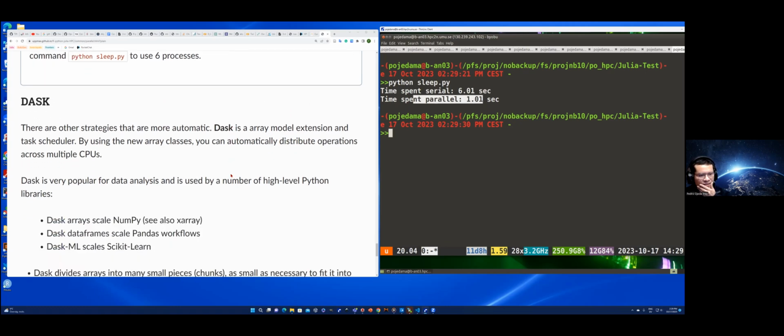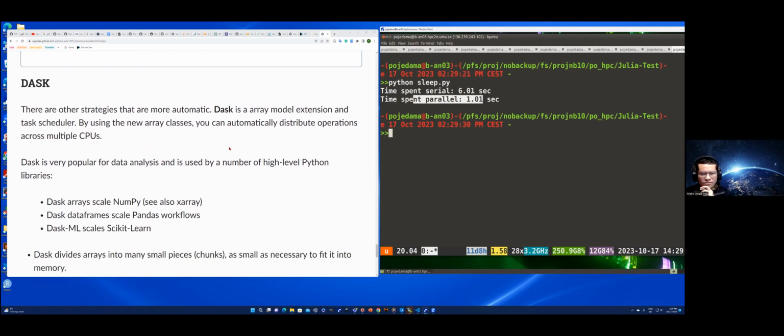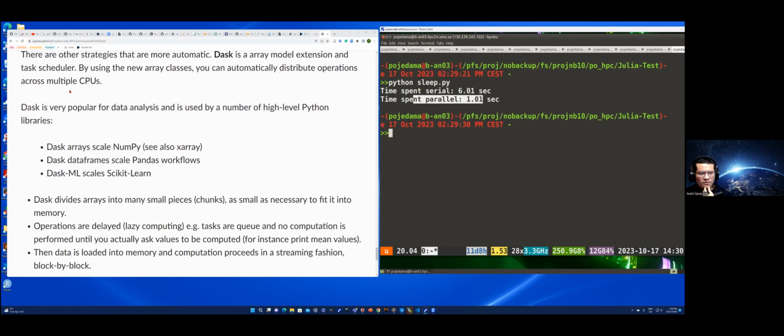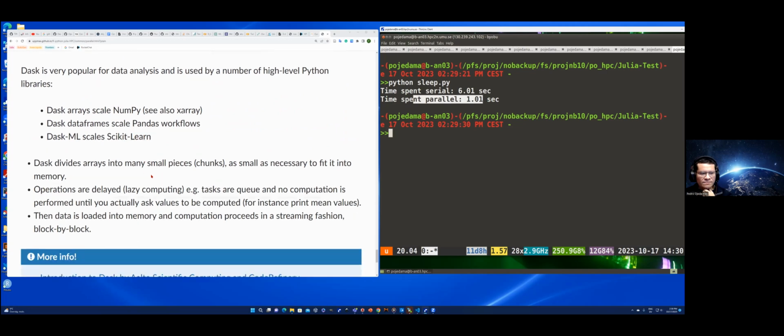The last thing that I will talk about is Dask, and Dask is an array model extension and task scheduler, and it allows you to distribute different tasks or different operations across multiple CPUs. It works well with NumPy, Pandas, and scikit-learn.